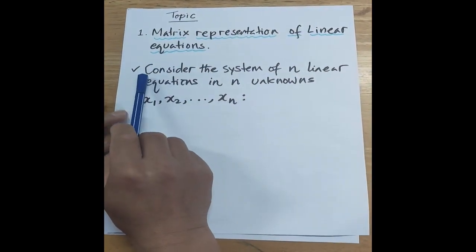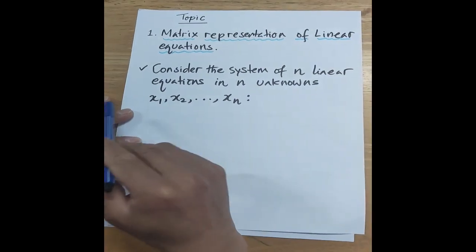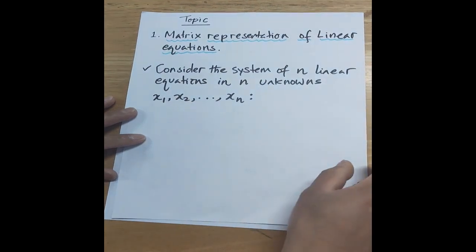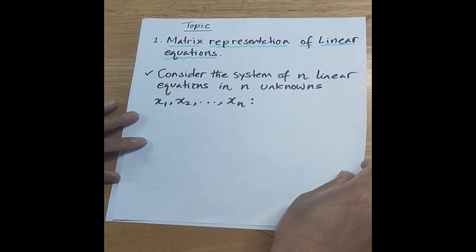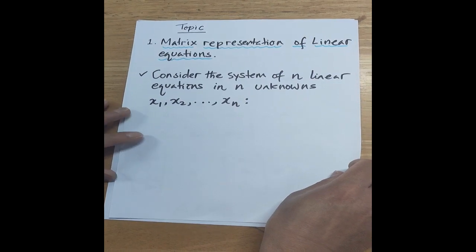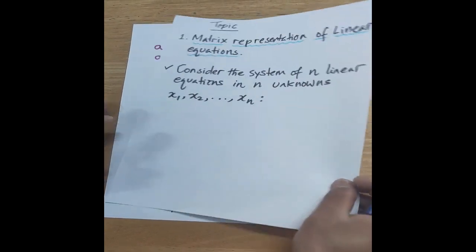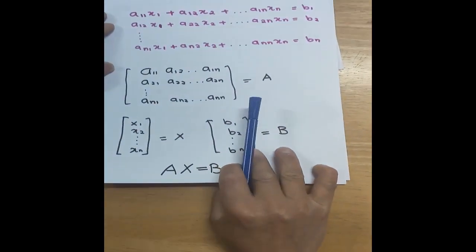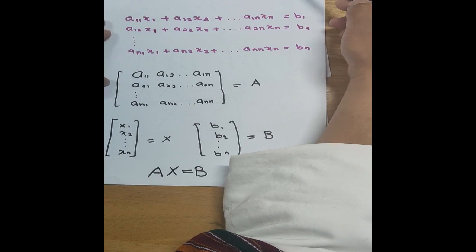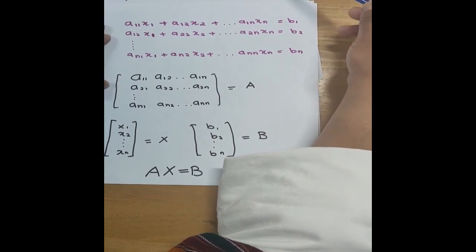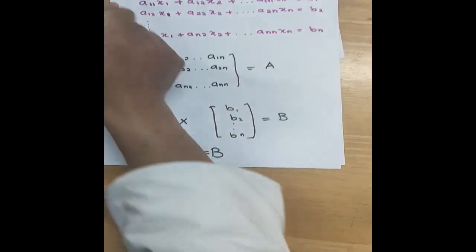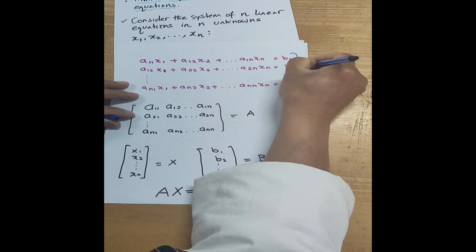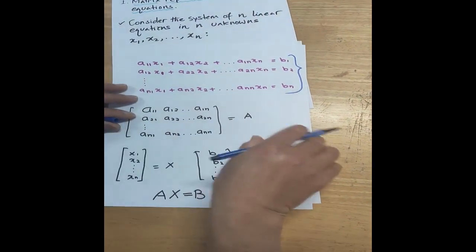Now, consider a system of n linear equations with n unknowns, with variables x1, x2 till xn. How do we form a general system of linear equations? The general system with n linear equations and variables x1 to xn will have this form.